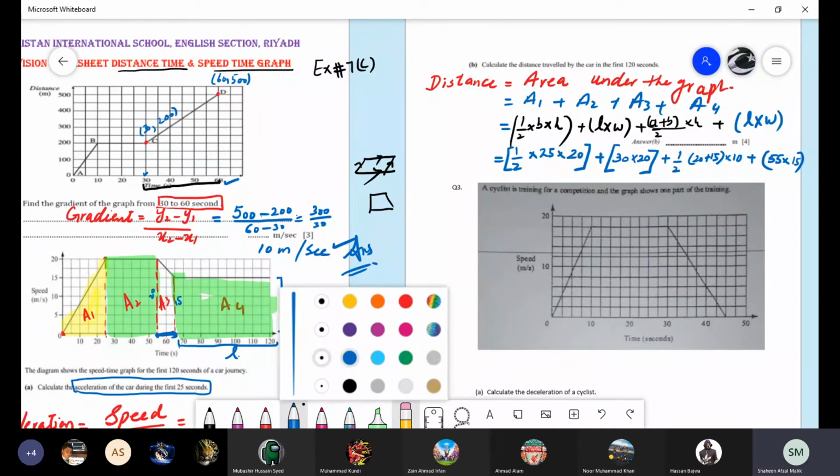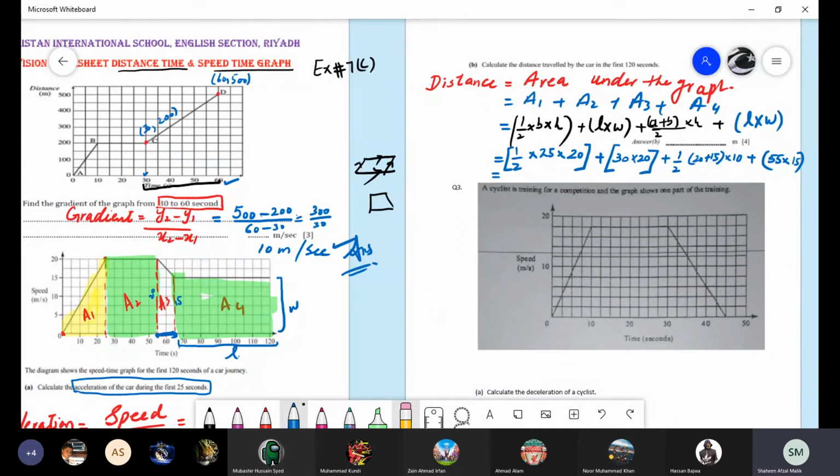Use the calculator and tell me the answer first for this part. 2 tens are 20 and 25 tens are 250. I'm doing that directly because I have less space here. You can go stepwise. 3 twos are 6 and with double zero. 2 fives are 10. So 20 plus 15, 35 fives are?